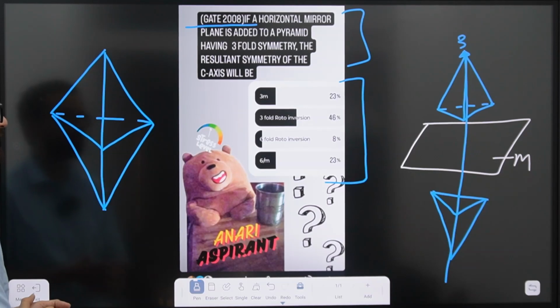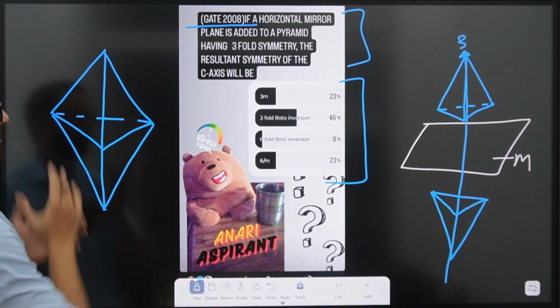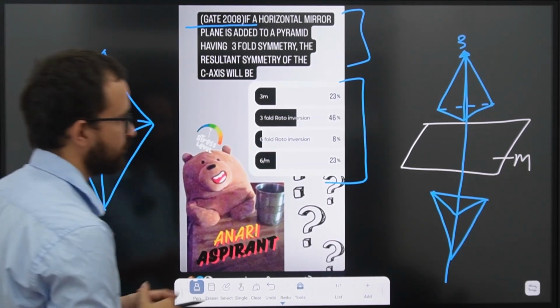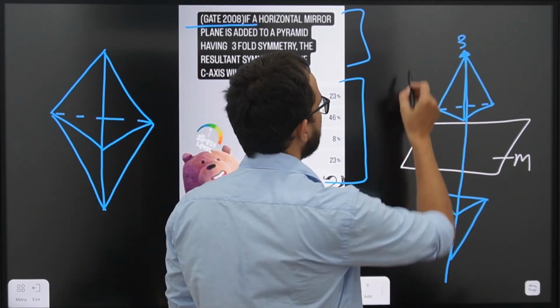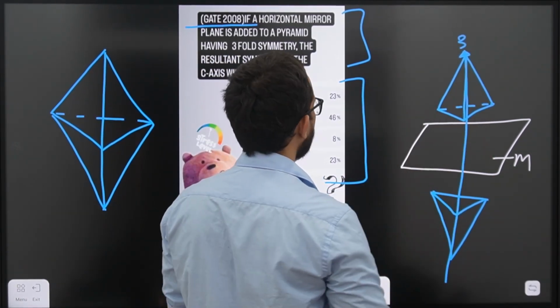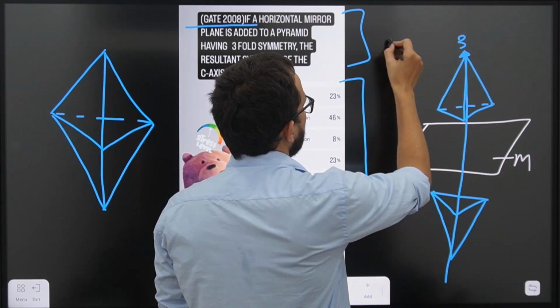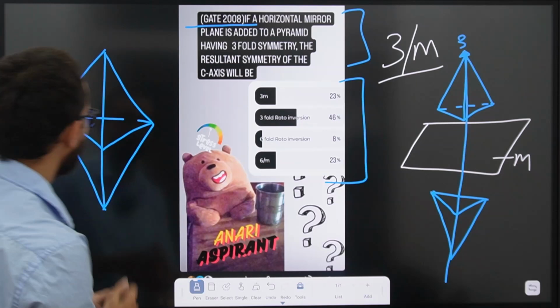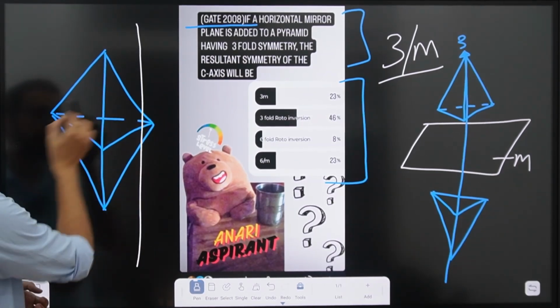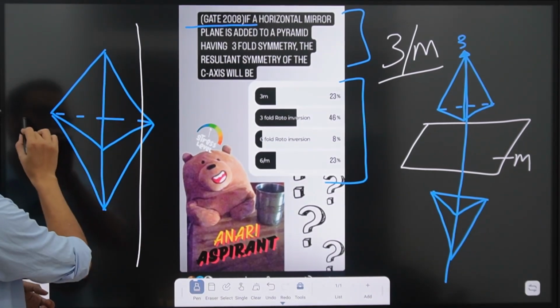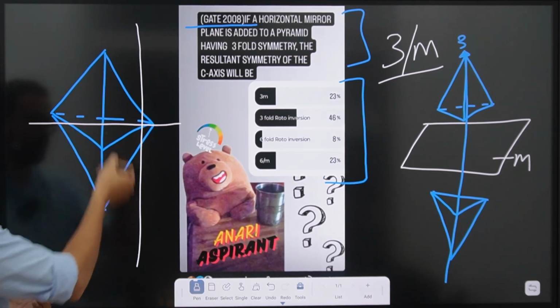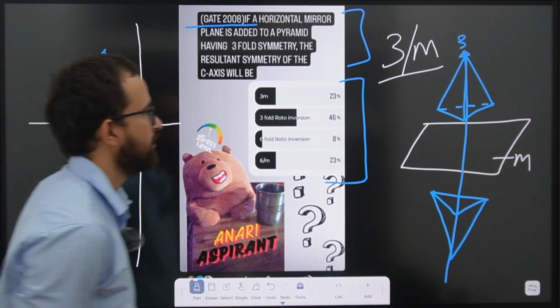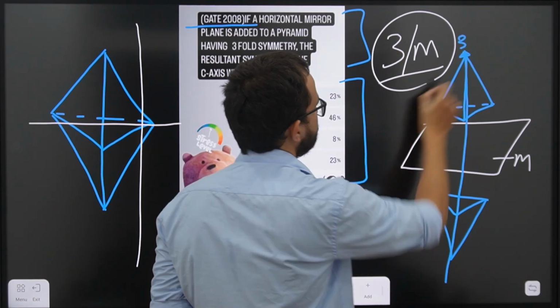What is the resultant symmetry that you see? For people who have studied well, they know that when you add a mirror plane perpendicular to a 3-fold, it is denoted by this notation 3/m. Okay, a 3-fold going vertical, generating the upper pyramid, and the perpendicular mirror plane generating the lower pyramid, and you get this image by such an operation, 3/m.